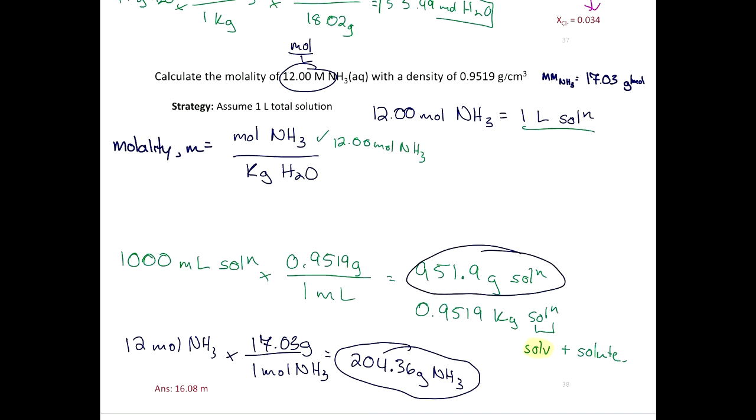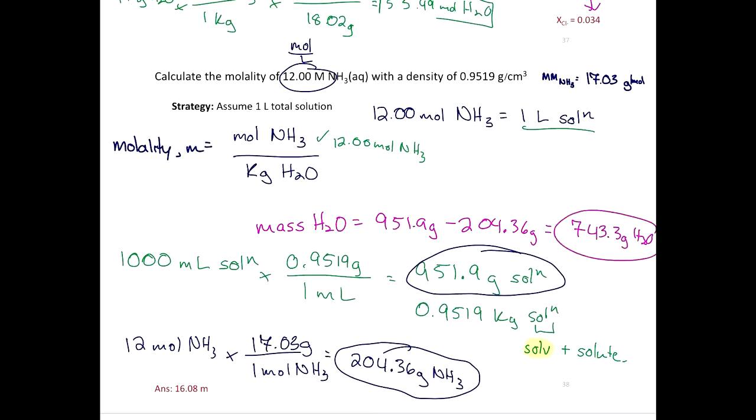Do you see how we can get the mass of the solvent, the water? The mass of just the water is 951.9 grams minus 204.36 grams. So the solvent, just the water, weighs 743.3 grams of water, and that number converted to kilograms will go into our denominator.